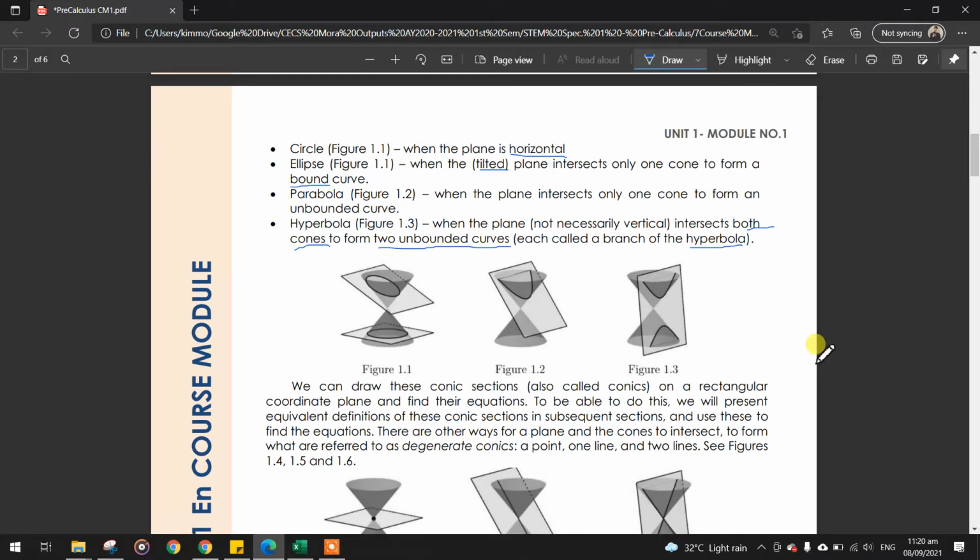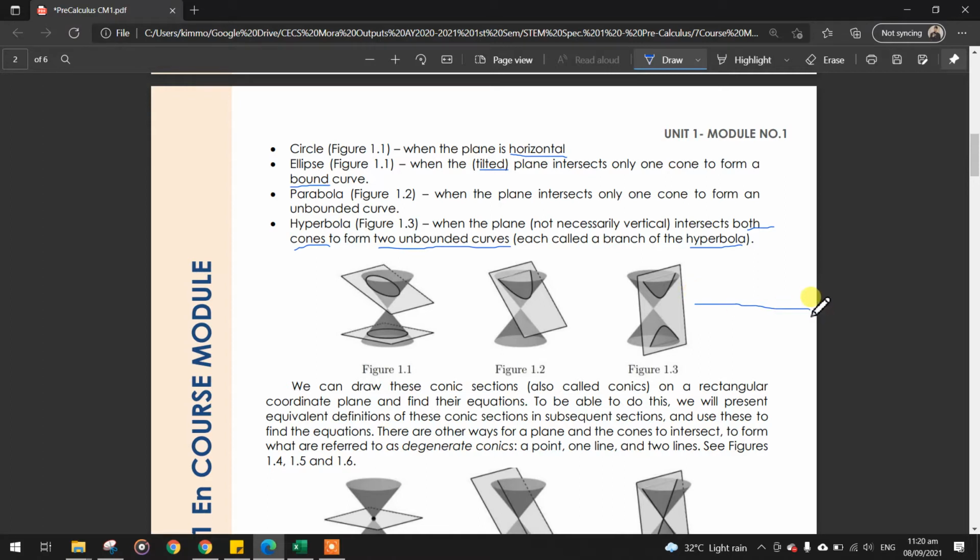So, we can draw this conic section or again, what is called conics on a rectangular coordinate plane. So, rectangular coordinate plane is katong plane nga x and y. So, nag-consist sa imong x-axis.